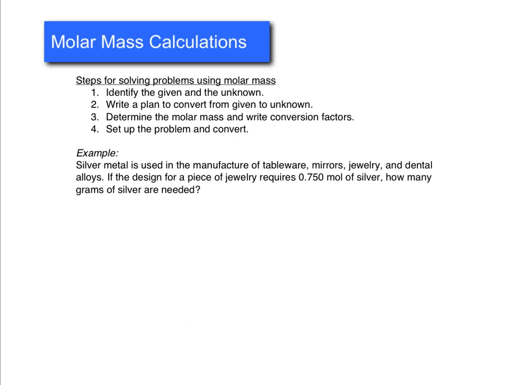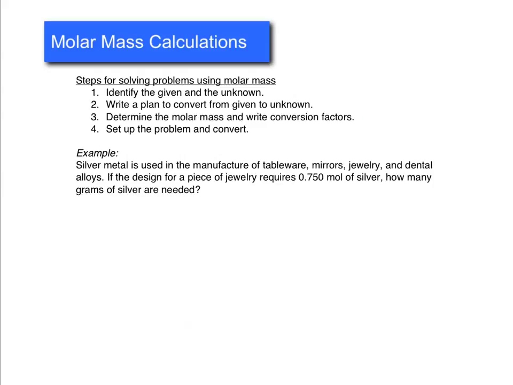Now that we're really good at calculating molar masses and finding them on the periodic table, we're going to use them as conversion factors to help us solve problems. So I have a few steps here for helping you figure out how to solve a problem using molar mass, and we have an example here. So our example is silver metal is used in the manufacture of tableware, mirrors, jewelry, and dental alloys.